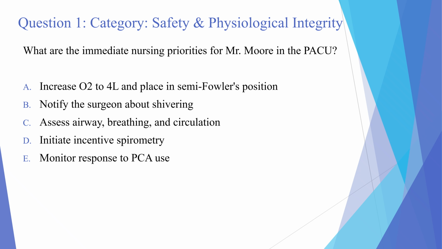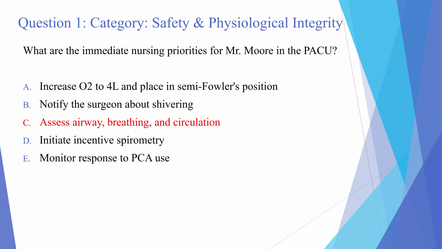The options are: increase O2 to 4 liters and place in semi-Fowler's position; notify the surgeon about shivering; assess airway, breathing, and circulation; initiate incentive spirometry; and the last one is monitor response for PCA use. So what do you think are the immediate nursing priorities while he is in PACU?